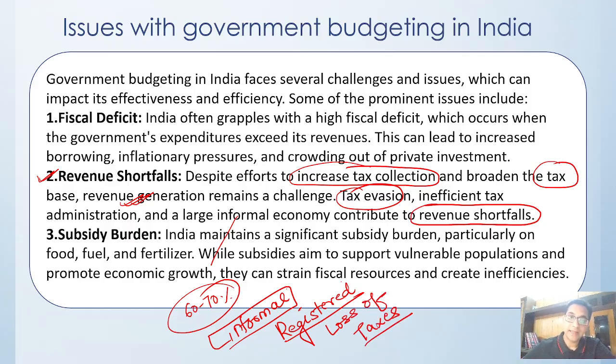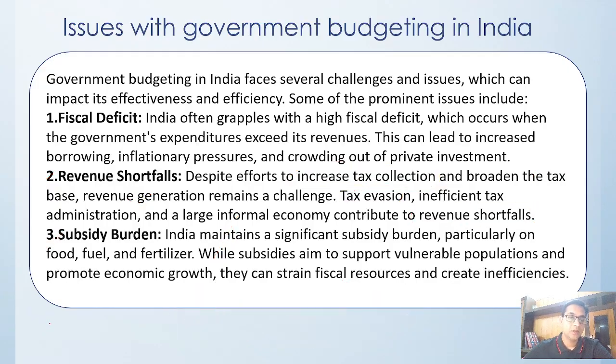Okay, then what is the issue with the government budgeting? Subsidy burden. I've read somewhere that up to 5% of the GDP we are providing as subsidy.